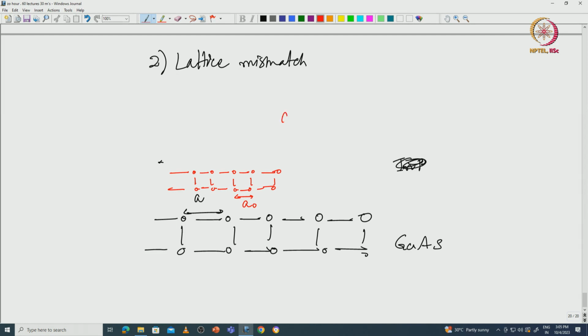You can very well see that A naught is less than A, which means there is a mismatch in the lattice constant. So, this A or A naught is called the lattice constant. The lattice constant of the top material is different from the lattice constant of the material below. So, if you try to deposit this material on top of the black one, then this layer has to be stretched out, pulled out, so think of this like a spring.